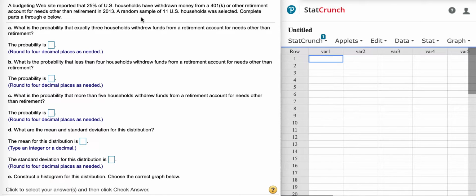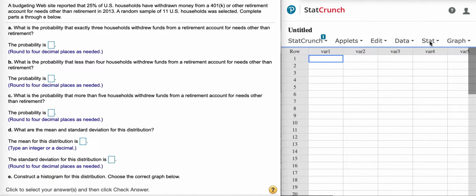We're assuming that all 11 individuals are independent of the others. So what we're looking at here is something that's binomial. So to calculate these probabilities, I'm going to use the binomial distribution where n is 11 and p is 0.25.